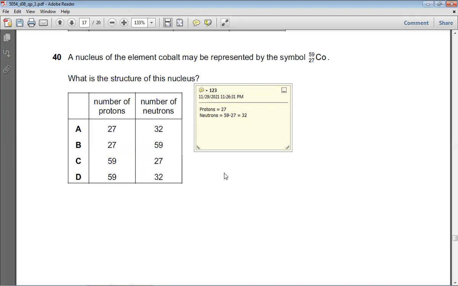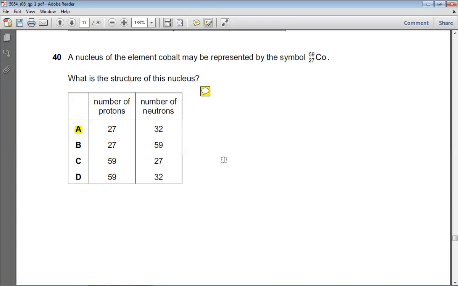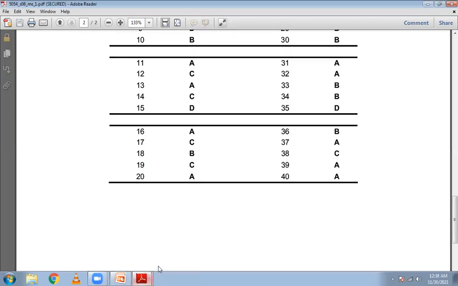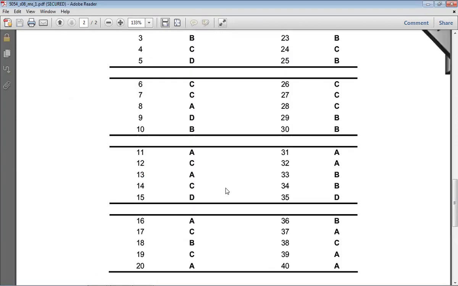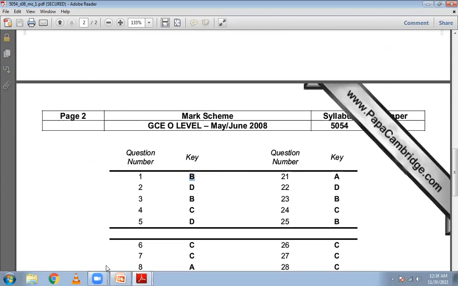So the protons will be 27 and the neutrons will be 32. So I think A is the right answer, sir. For question number 40, A is the option, I think. Let's check. Question 40, A is the right answer.